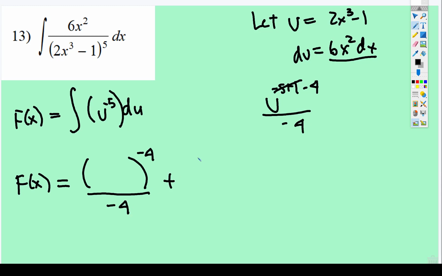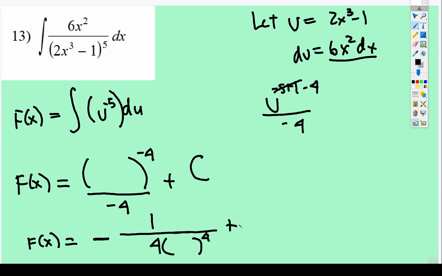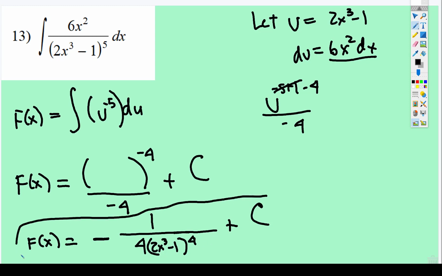Divide by negative 4. So F of x is equal, there's going to be a negative sign out front, 1 over, and then now this is going to be u to the positive 4th power, and then that's 2x cubed, subtract 1. And I just kind of drew that strangely. There we go. So that right there would be the final look.